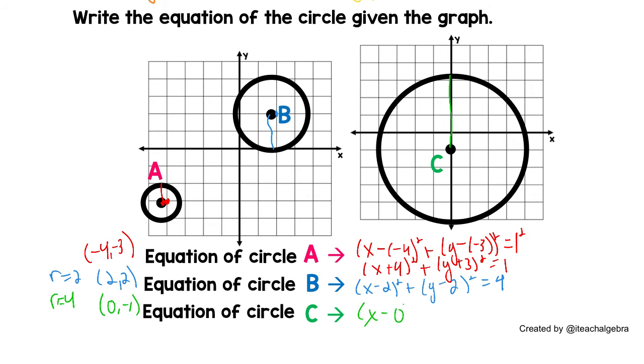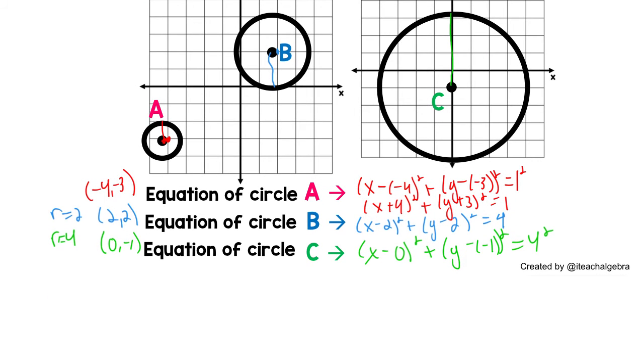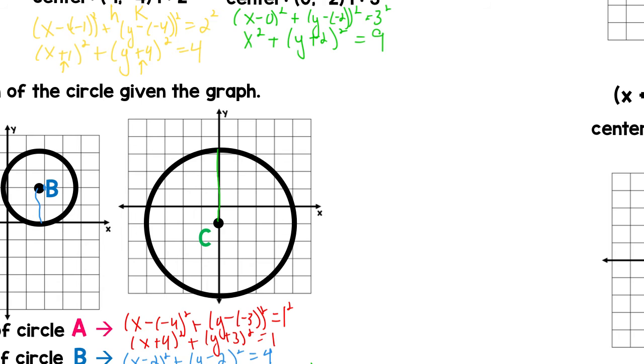So x minus 0 squared plus y minus -1 squared equals 4 squared. If we simplify that just a little bit, we get x squared plus y plus 1 squared equals 16. Hooray, I knew you could do it. You did it. Moving on.